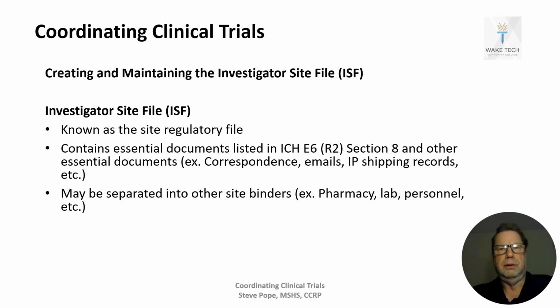So, be sure to set it up in a way where you can find things, and I'll kind of explain that as we go along. Another thing that is becoming more and more common, more and more sites are going with an electronic investigator site file. They're using products like Complion or Florence or Realtime. I've used some of these. They're very good.